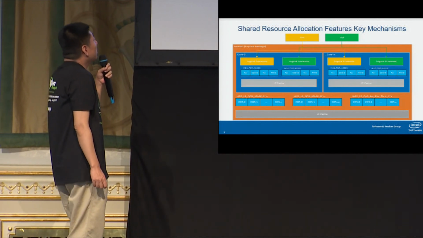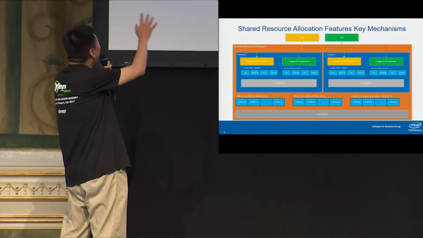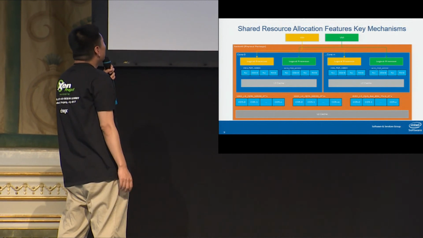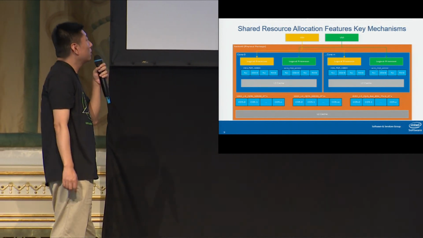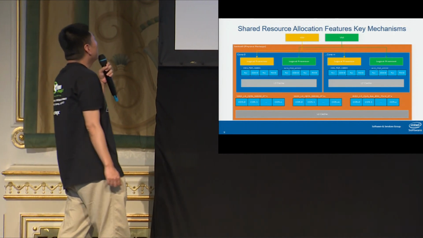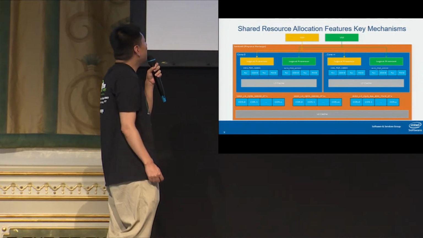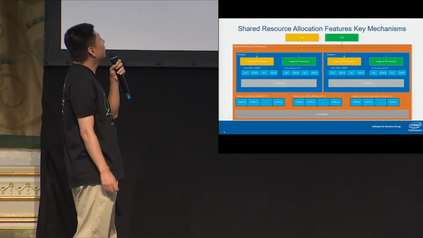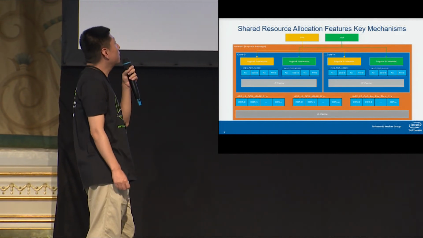Also, as you can see, there are a group of QoS MSRs. Each group signifies an RDT feature. For example, we have the L3 QoS MSR and the L2 QoS MSR.